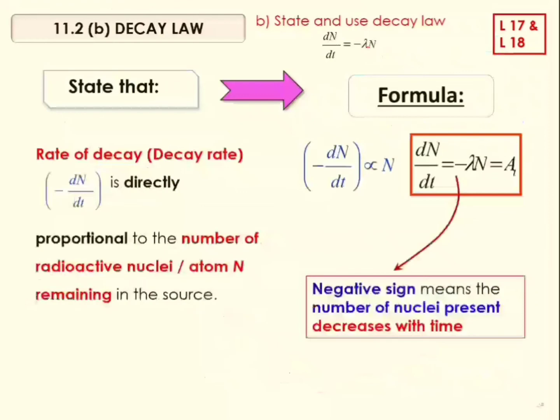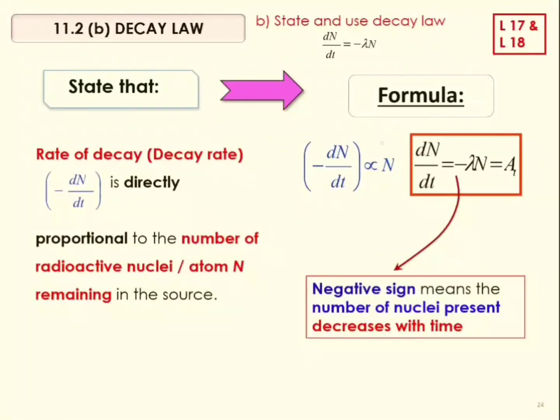Okay, next we look at the decay law. State and use the decay law, dN over dt equal to negative lambda N. Let's look at the statement first. Rate of decay, or decay rate, is directly proportional to the number of radioactive nuclei or atoms remaining in the source.